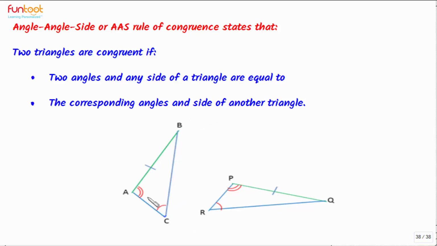So here we can see that two pairs of corresponding angles are equal and one pair of corresponding sides is equal. So if this is the condition, then the two triangles are congruent by AAS rule of congruence.